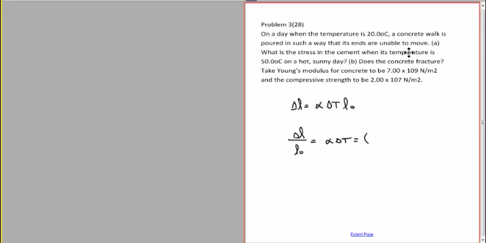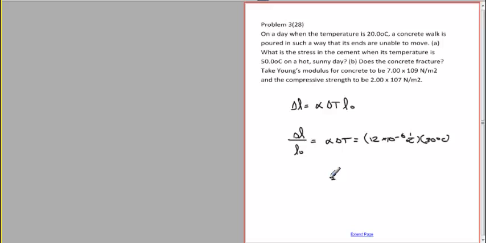Average coefficients of expansion, concrete: 12 times 10 to the minus 6, with units of 1 over degrees C, times the temperature change, which is 30 degrees C. It wants to expand, but it can't expand because it's restrained.